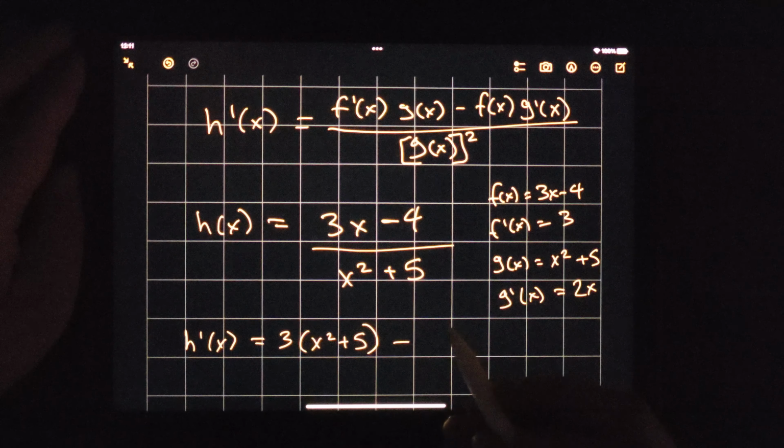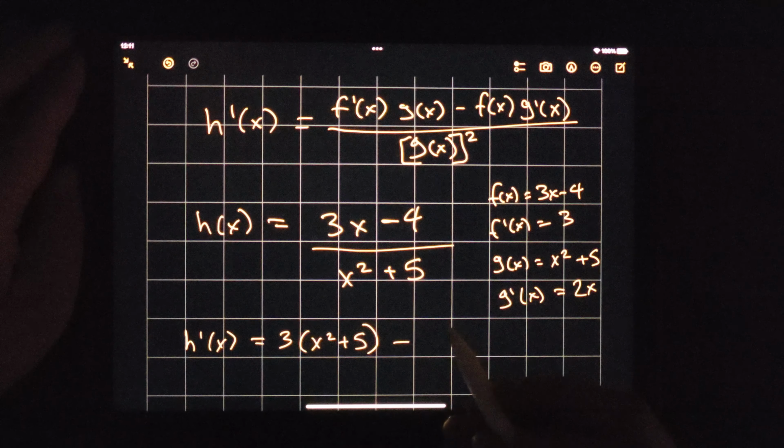So we have 3x minus 4 times our g prime of x, which is 2x, all divided by our g of x squared. So our denominator squared, so x squared plus 5 squared.